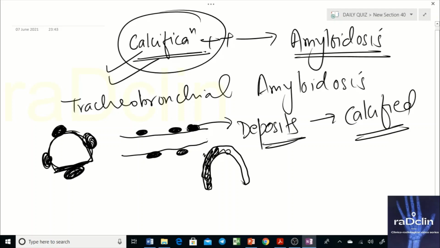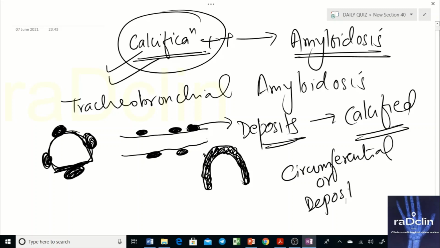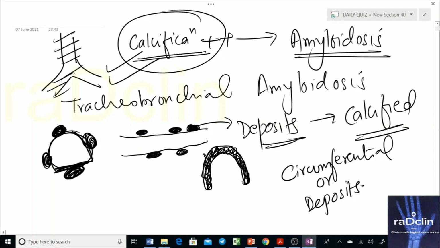So it could be circumferential thickening, or isolated deposits, and they could involve the whole trachea, or the whole tracheobronchial tree, from the trachea to the bronchi, completely affected. Circumferential thickening would be there. There is a possibility that this can be spared, and a possibility that this could be involved.